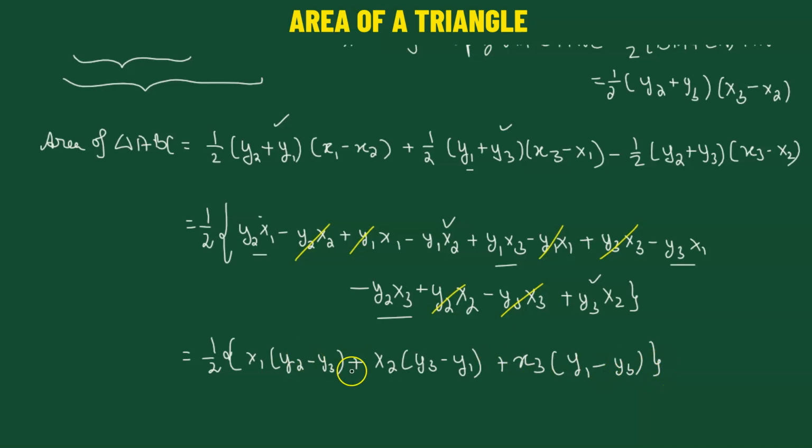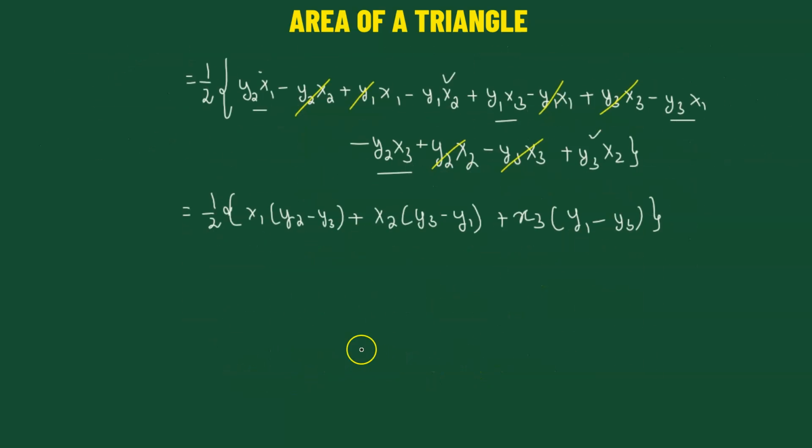Now, depending upon the values of x1, x2, x3 or y1, y2, y3, this entire value within the parentheses could be negative also. But we know that the area of a triangle is always positive in nature. So area of triangle ABC, finally, in order to take care of the negative sign, we'll only consider the magnitude.